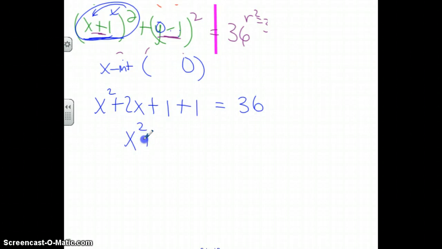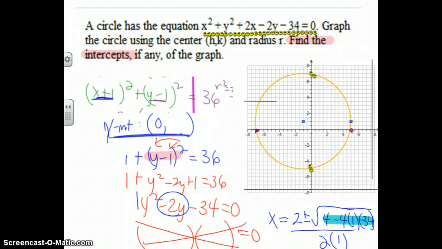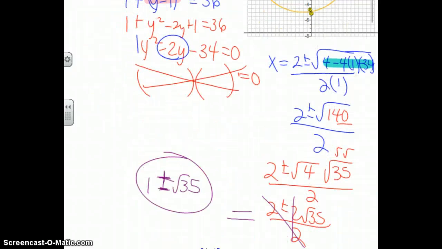So it looks similar. But I believe this sign has changed. So we can run through it again. So x is equal to negative b. This time this is a negative 2 plus or minus the square root of b squared minus 4 times a times c. Looks like everything's going to stay the same except for the positive 2 that I had before.